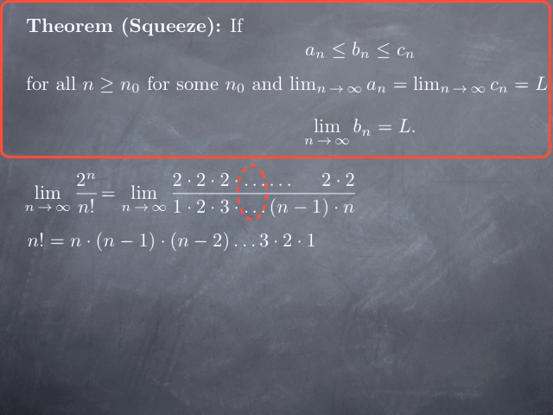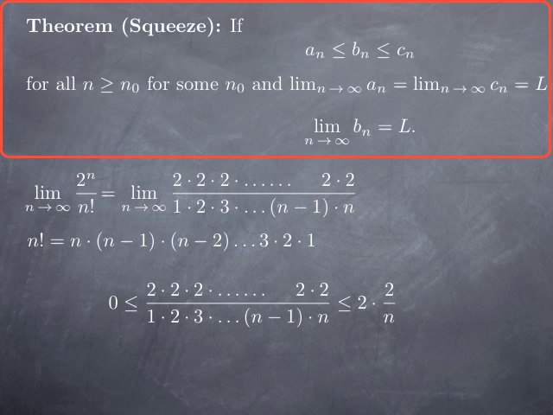So we have 2 times 1 times a bunch of terms less than 1, which when we multiply them together, you obtain something less than 1, and then you multiply that by 2 over n. So what we obtain is a product where I have 2 times a bunch of things less than 1 times 2 over n. I'm going to get something that is, in fact, less than 2 times 2 over n, which is really just 4 over n.